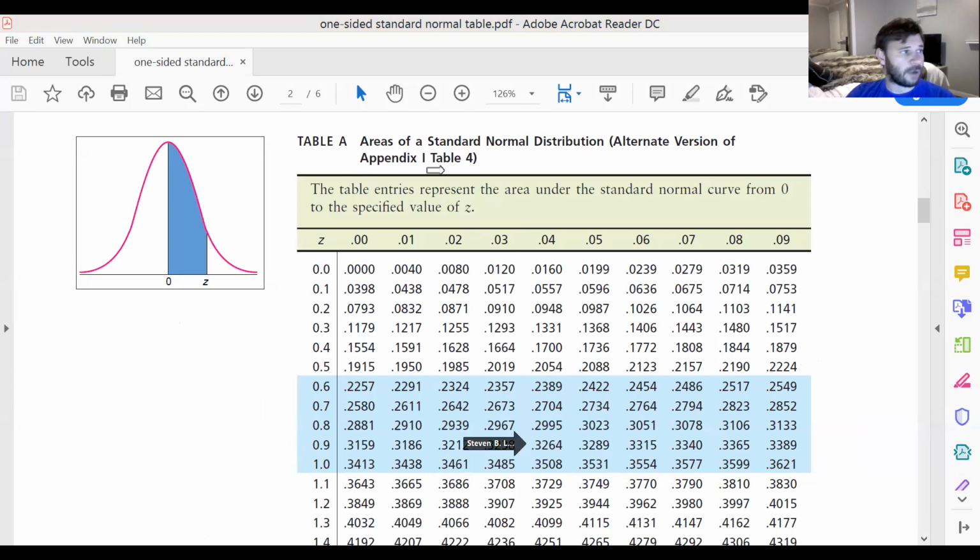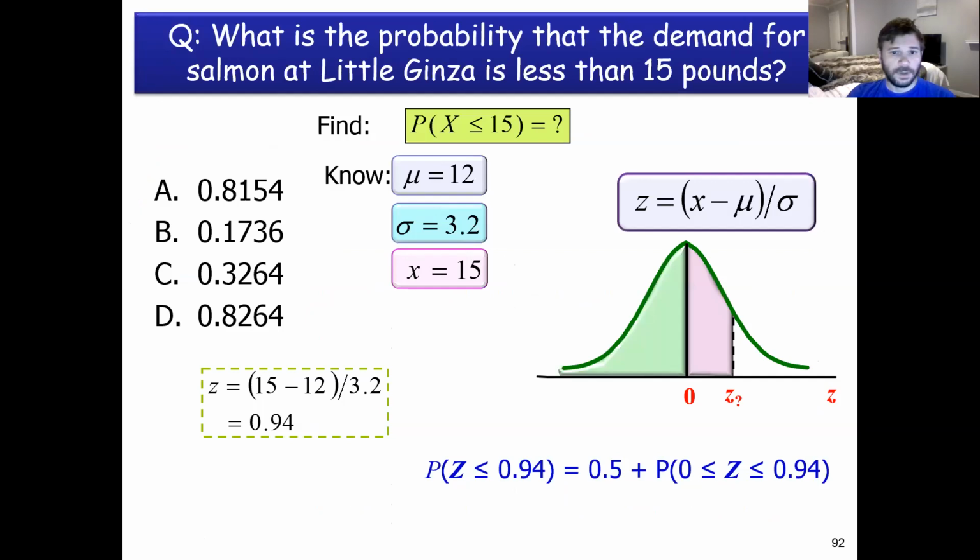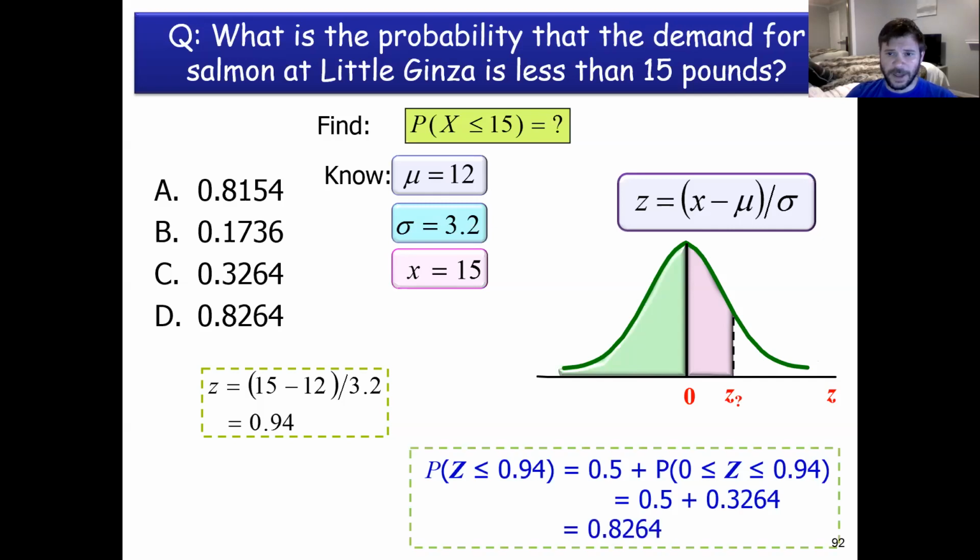That will be the probability of the pink region in that diagram. So we can go ahead now and add that value there and do our summation. We find that the correct answer here is 0.8264, which again is the total area of that green and pink region, corresponding to our Z value of 0.94.